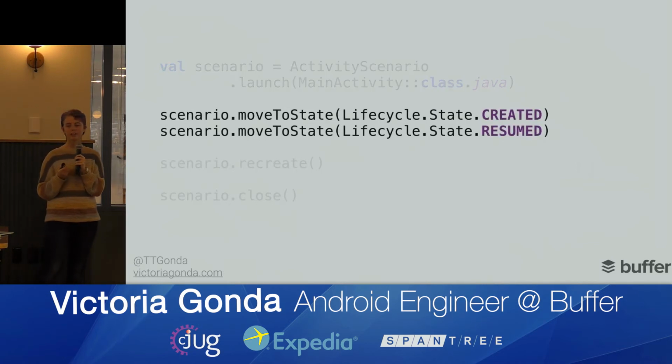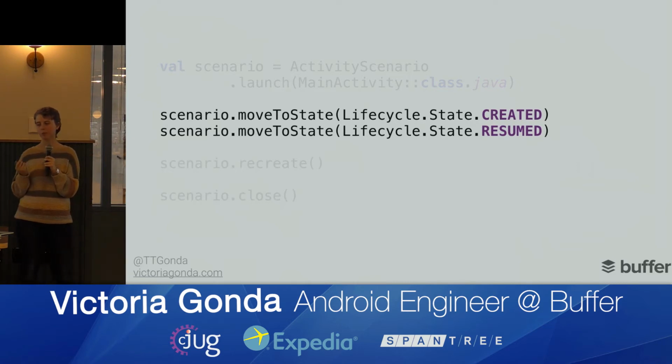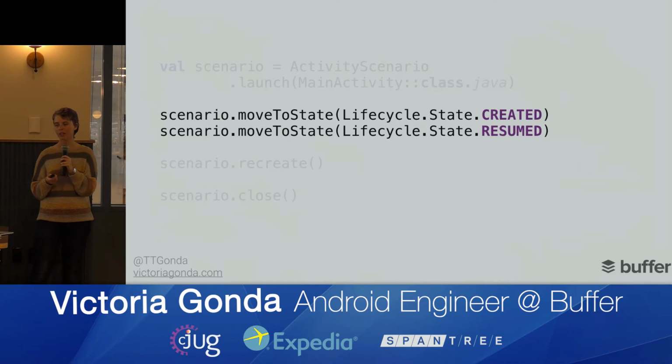You can then test the way that your app behaves under certain lifecycle events with the scenario by using a move to state call. You can step through the lifecycle events, verifying your behavior. The framework will keep you from stepping through in an invalid way, eliminating the cognitive load there. For example, it won't let you move on after you've destroyed the activity.